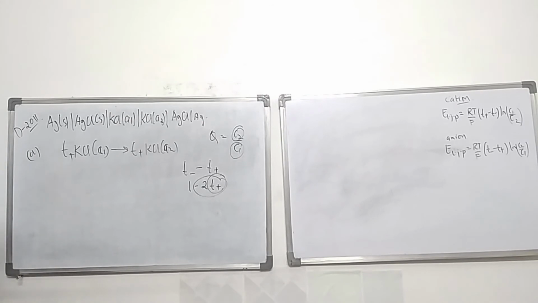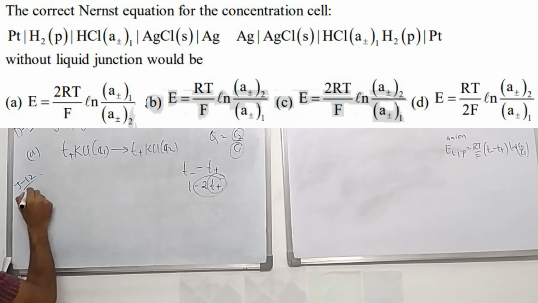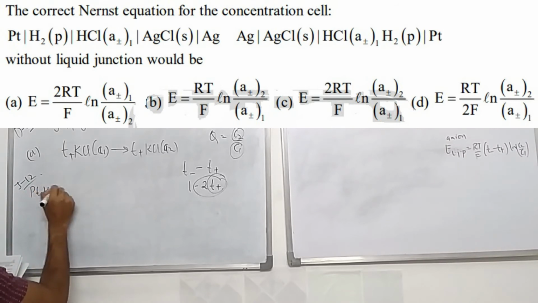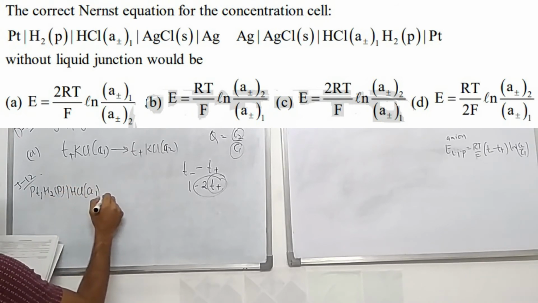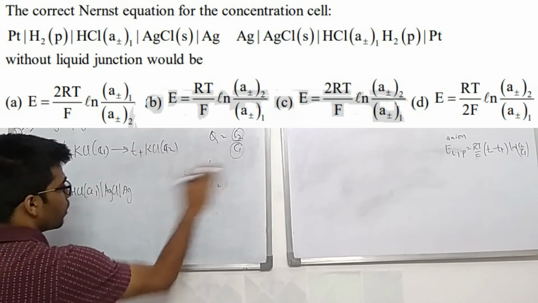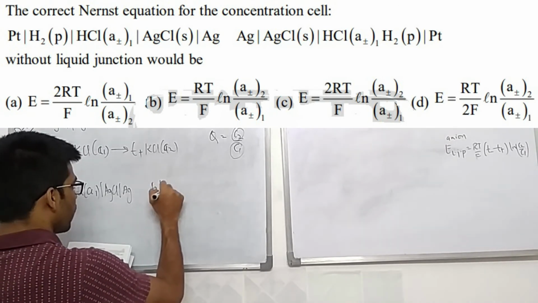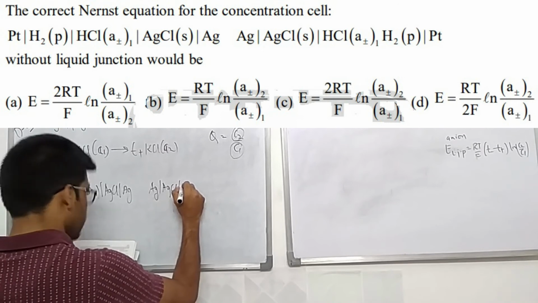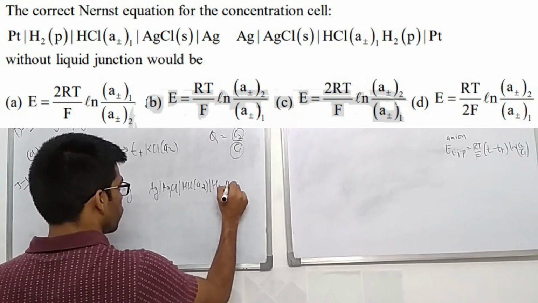Okay. So the next question we have is from June 2012. They are saying, what is the correct Nernst equation for the concentration cell, and the concentration cell is given like this: hydrogen, and I have HCl at concentration A1, then I have AgCl solid and Ag, and then they have given another cell: AgCl, and it has HCl at A2, it has got H2 platinum.